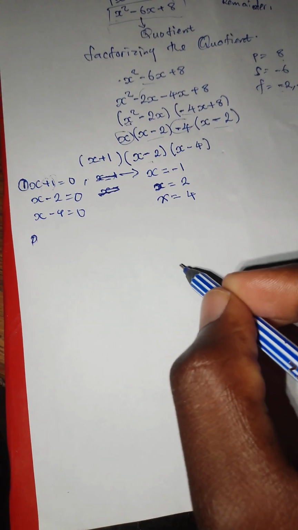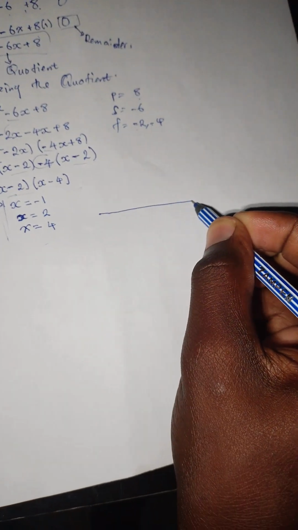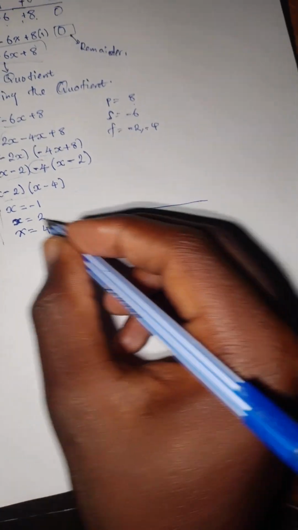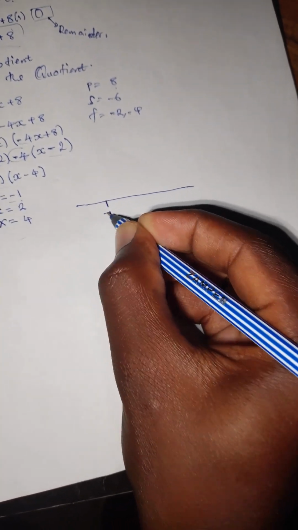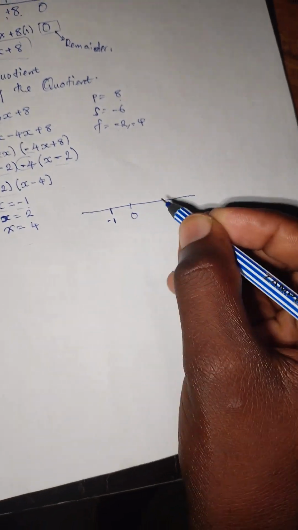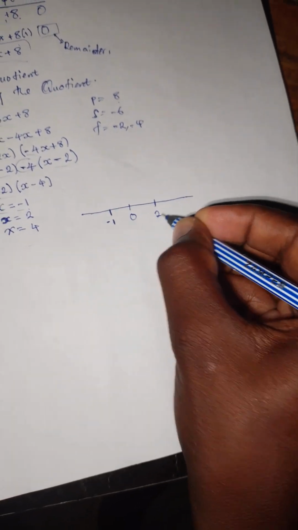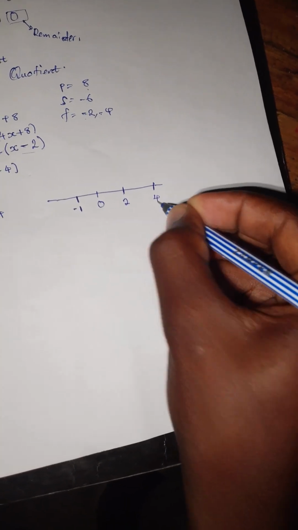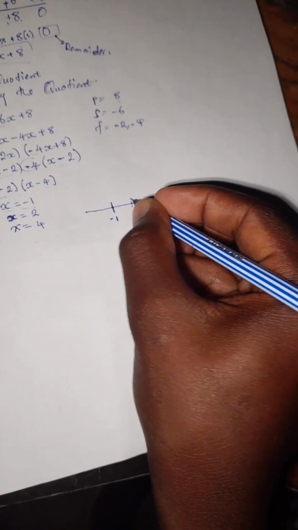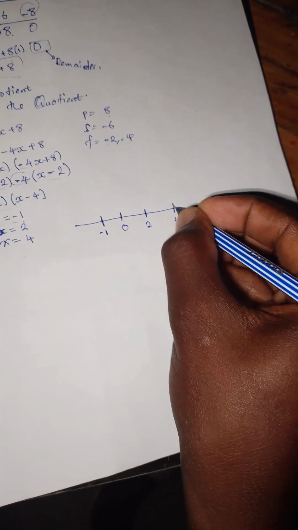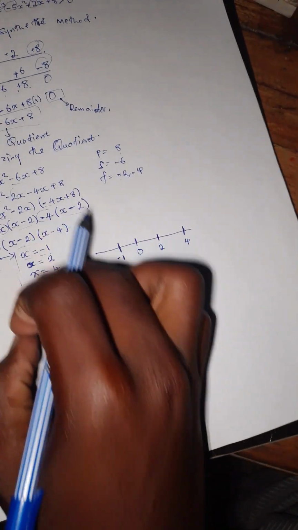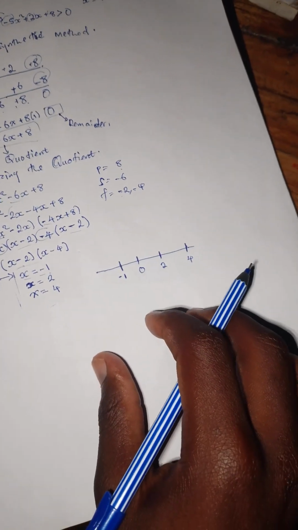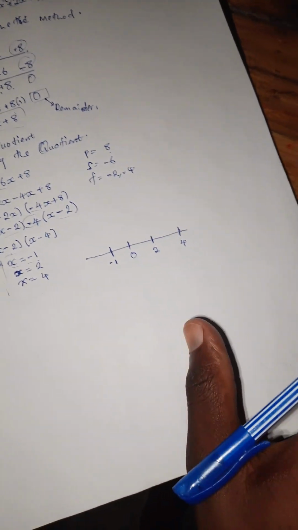And now, having these values, you put them on a number line. So you have -1 there, and then you have 0 demarcating the number line, then you have 2, and then you have 4. If you notice, these values have demarcated the number line into certain intervals.